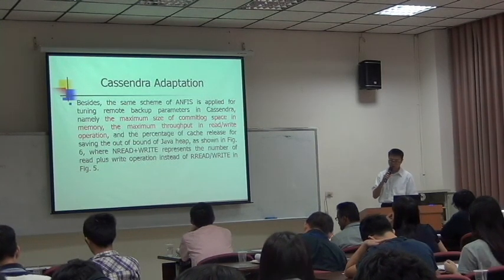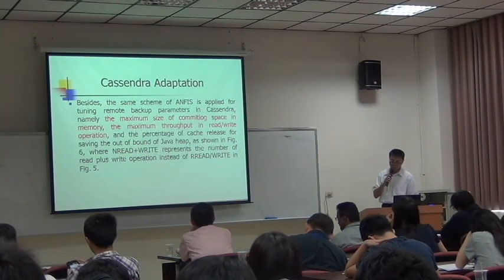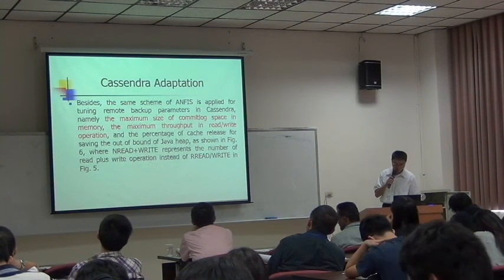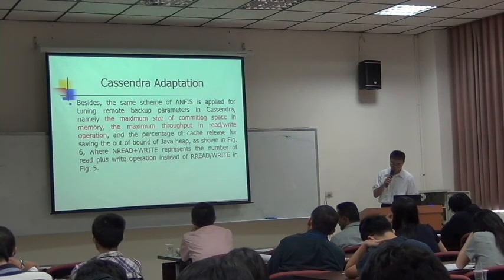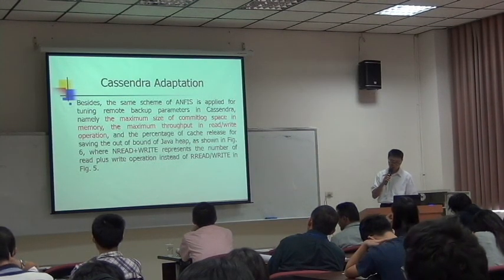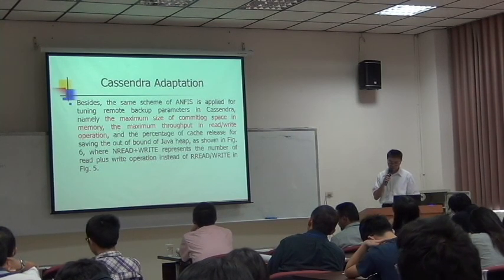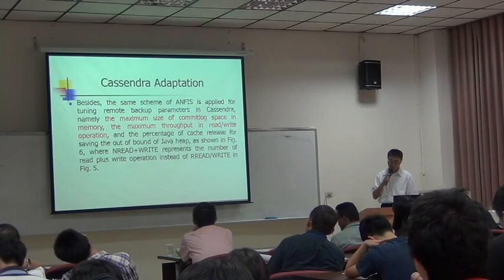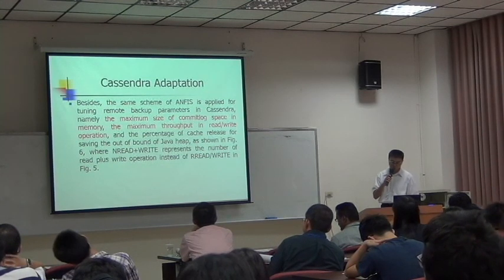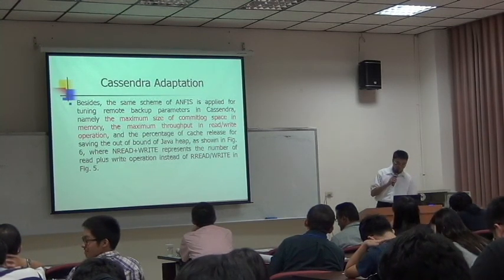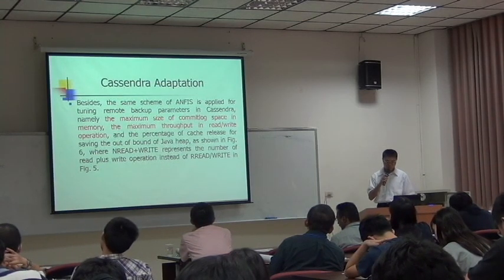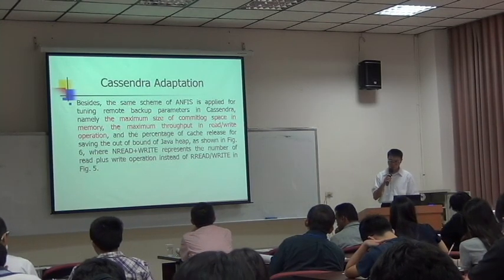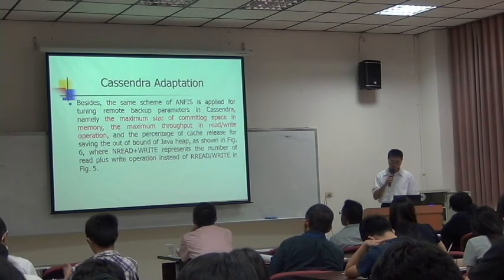Besides, the same approach of ANFIS is applied for tuning remote backup parameters in Cassandra, namely the maximum size of command space in memory, the maximum throughput in read-write operation, and the percentage of cache release for saving the out of bound of Java heap, as shown in figure 6.